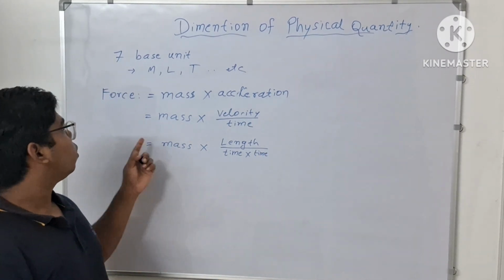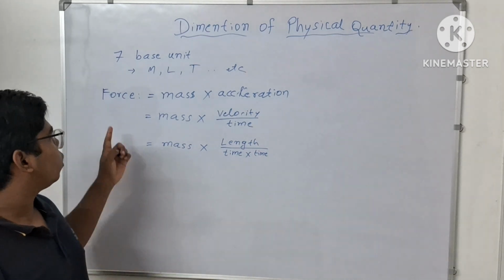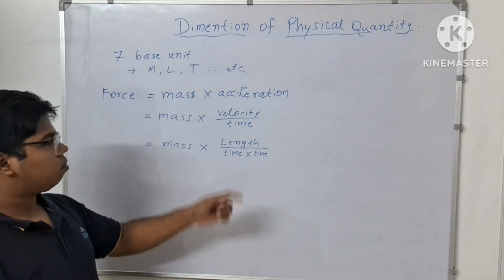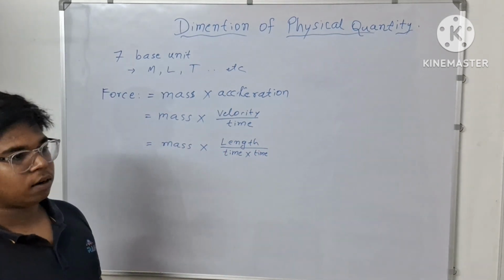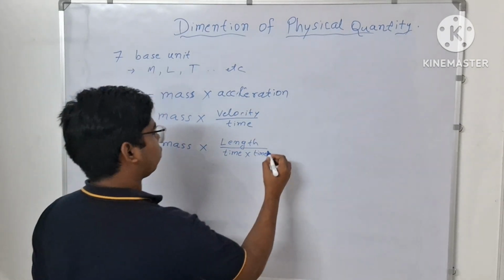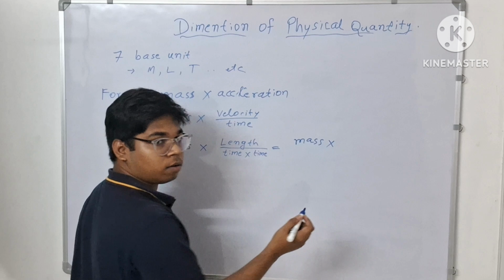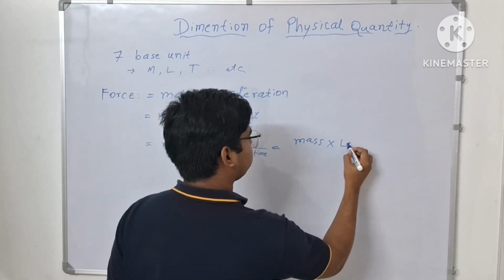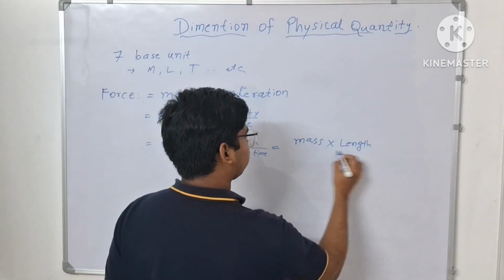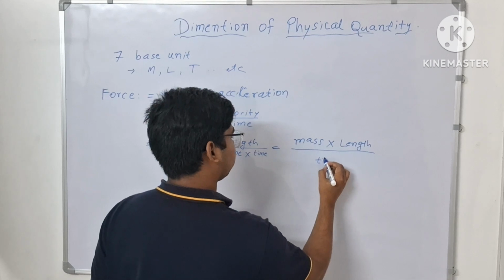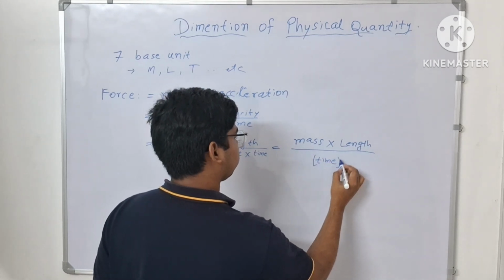This is the unit of the force: mass multiplied by length divided by time into time, so time square. So we can write it as mass multiplied by length divided by time whole square.